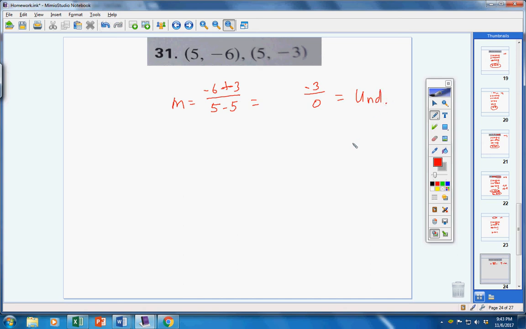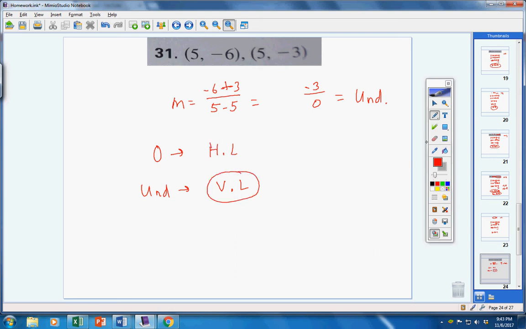Now, students, what did I teach you way back when we started studying slopes? If a slope is 0, it is a horizontal line. If the slope is undefined, it is a vertical line. So the equation that I'm trying to write is the equation of a vertical line.